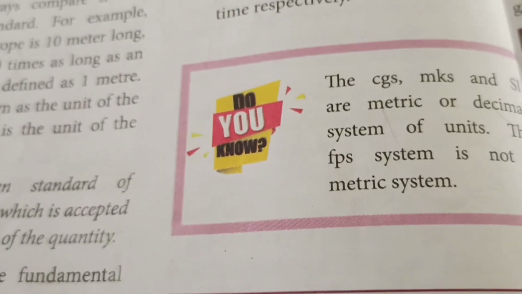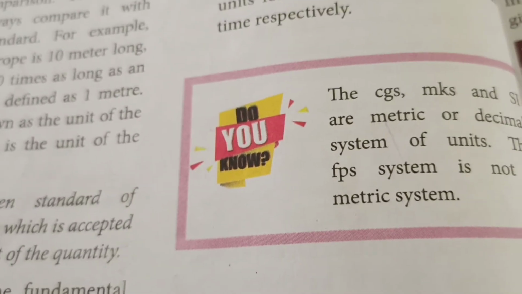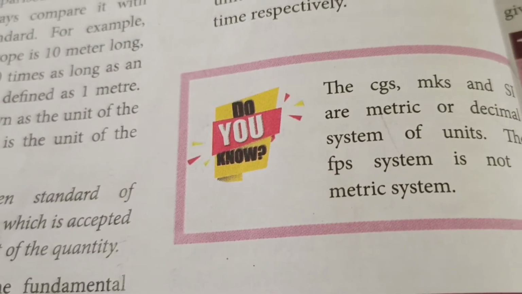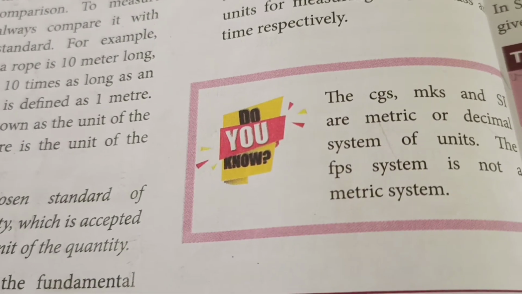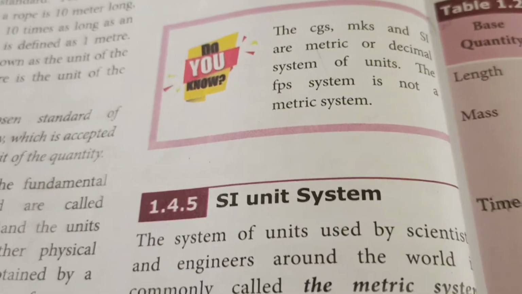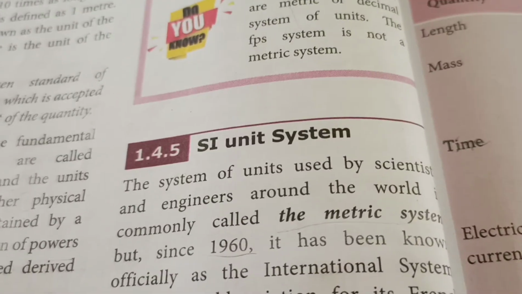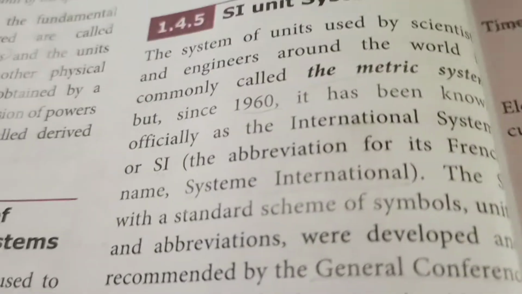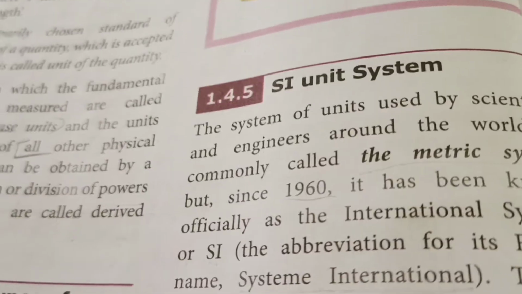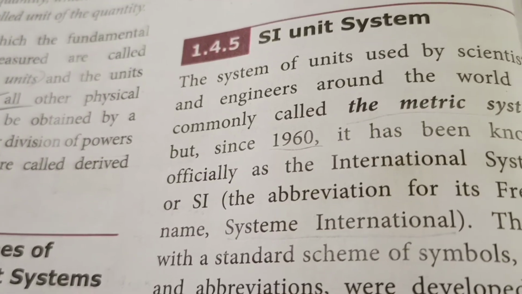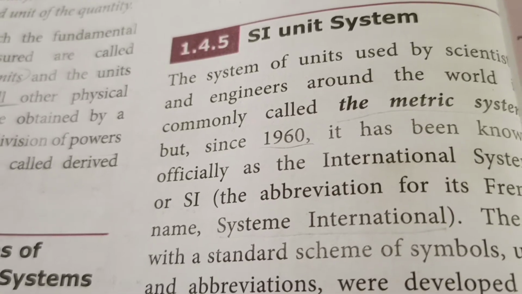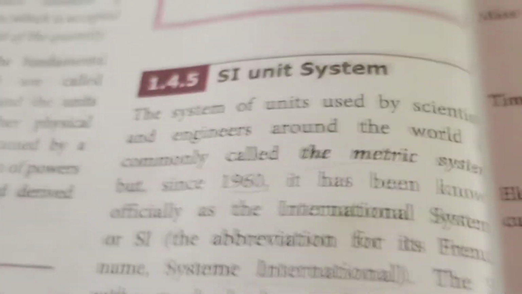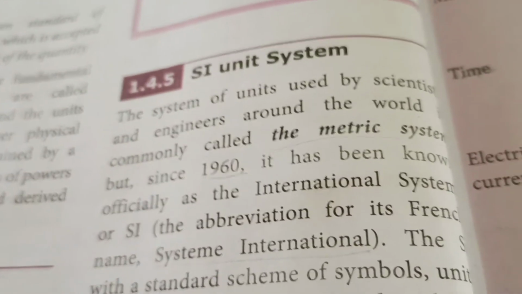Then the MKS system is based on meter, kilogram, second, the three basic units for measuring length, mass and time. CGS, MKS and SI are metric or decimal systems of units. The FPS system is not a metric system.